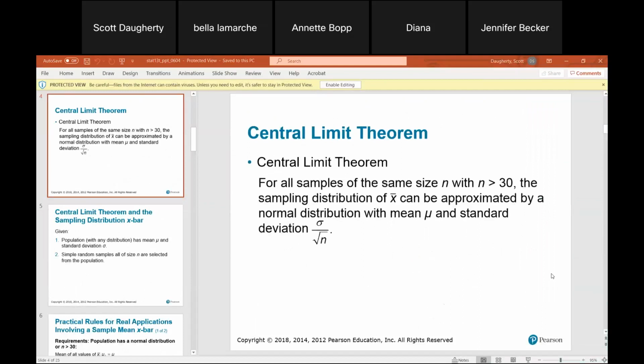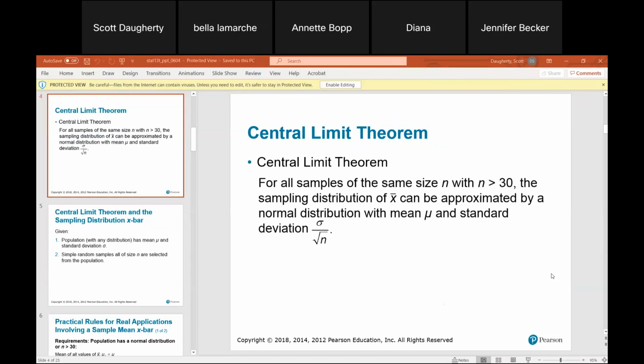The central limit theorem says for all samples of the same size n. Well, for my example, n is 2, right? So for all samples of the same size n, for us that was 2, and it says greater than 30. Well, we didn't go above 30. So let's say you went above 30, so I sampled 31 houses at a time instead of two.